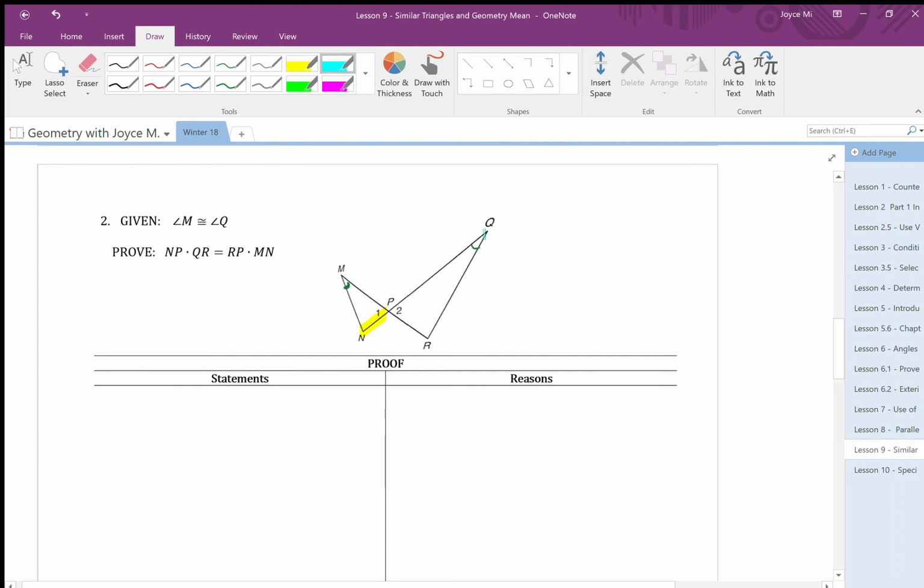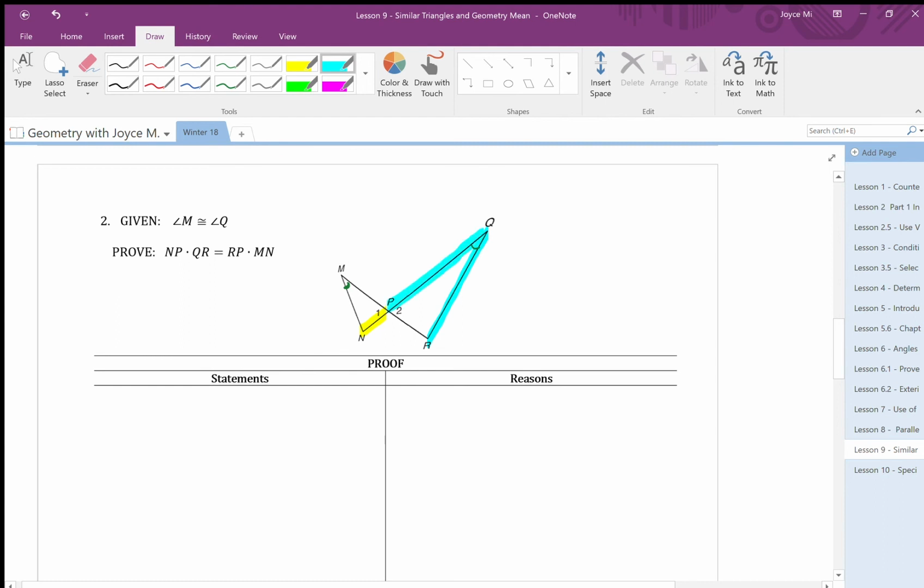This is QR. NP times QR is equal to RP. I'm going to mark RP again. RP is corresponding to QR, which is right here.